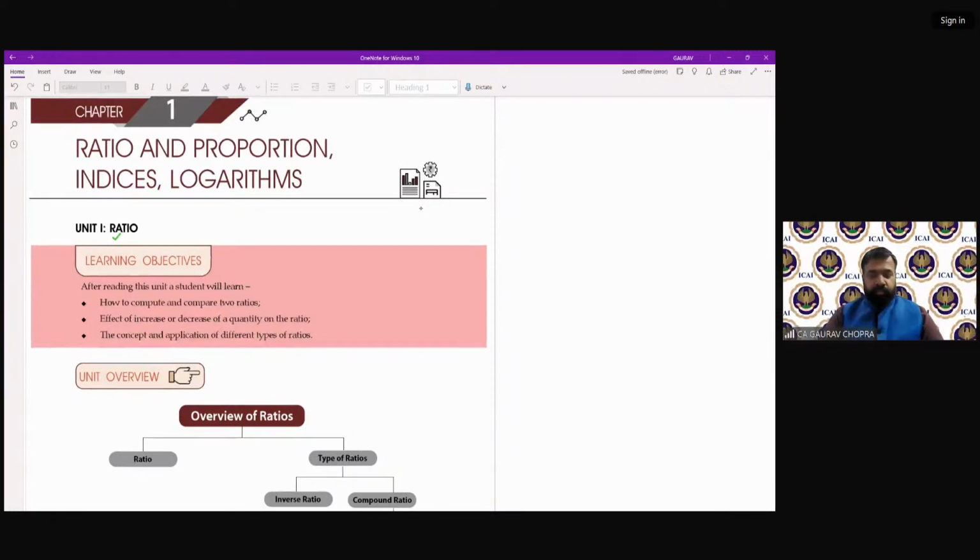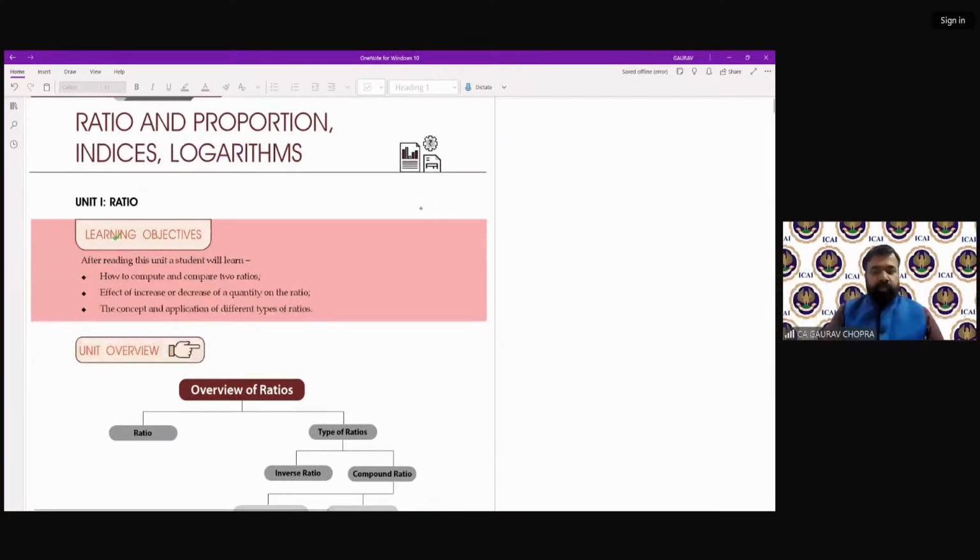Now I request CA Gaurav Chopra to throw some light on the ratio and proportion, indices and logarithms chapter: what is ratio, what is proportion, indices and logarithms, what is the importance of the topic, and how many marks it generally carries in the examination.